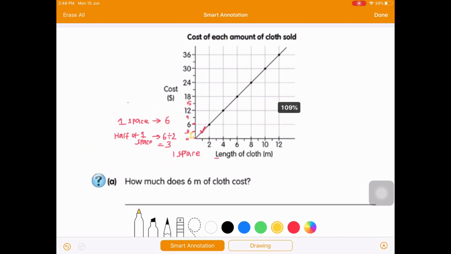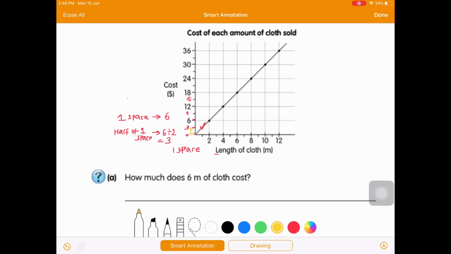Question A. How much does 6 meter of cloth cost? We look at where is 6 meter. Here. So I will draw a line from 6 meter. I draw it up until I touch the line graph.